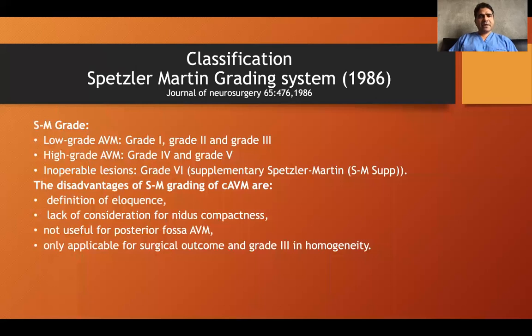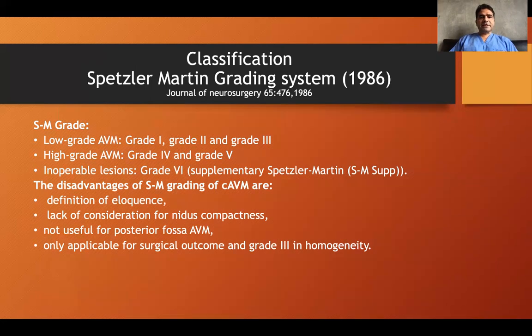So Spetzler-Martin grades are further subdivided into three groups: low grade, high grade, and inoperable lesions. Grades 1, 2, and 3 are low grade AVMs, grades 4 and 5 are high grade, and grade 6 is taken as inoperable lesions.